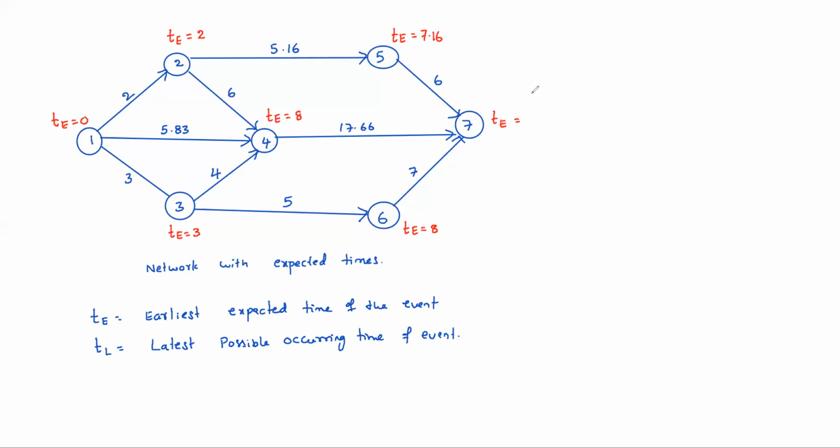Obviously 8 plus 17.66 is the maximum, that is 25.66. This is the way to find T values. It is similar to CPM, right?